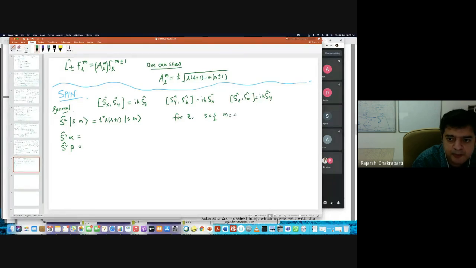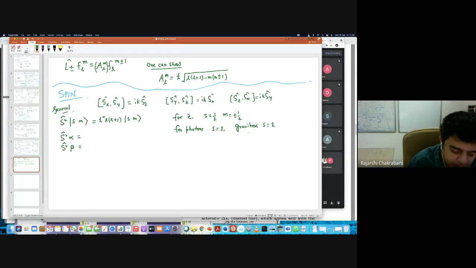These are plus minus half, isn't it? But you can have situations where s is 1 or s is 2, isn't it? So for example, for photon, s is 1. For gravitons, s is 2, I think. I'm not going to do it.